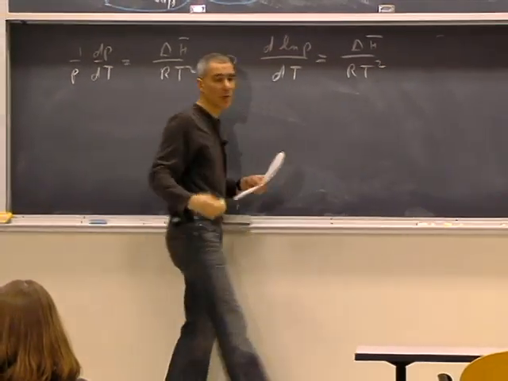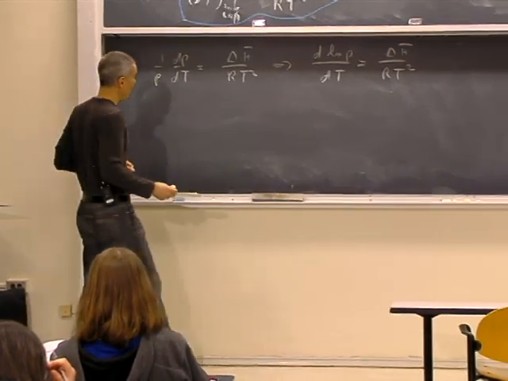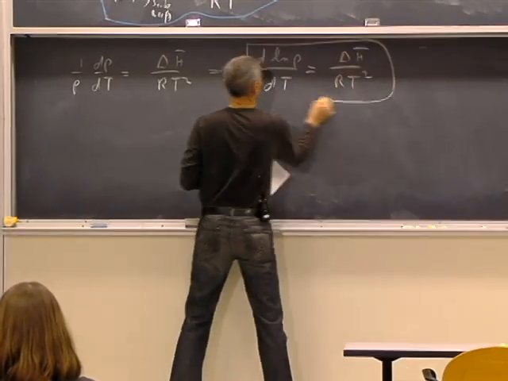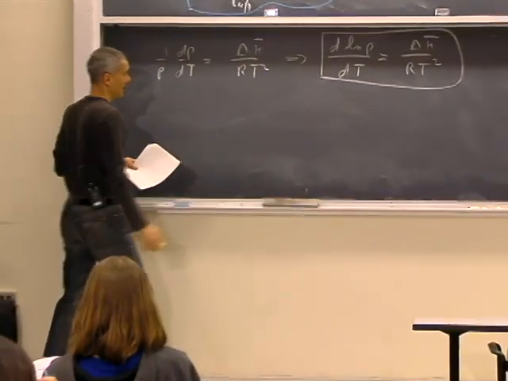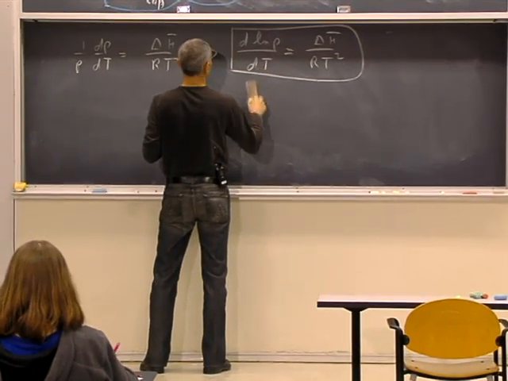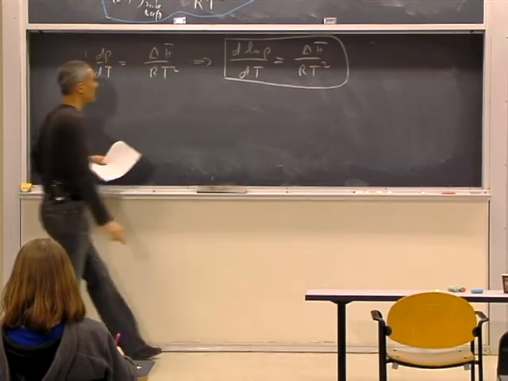And I'm freely dropping the sublimation and the vaporization because we know that's what I mean here. It's only valid for those two lines. So that's another form that you'll see. And that's not dT here, that's d log P dT. Yeah, that's right, d log P dT.